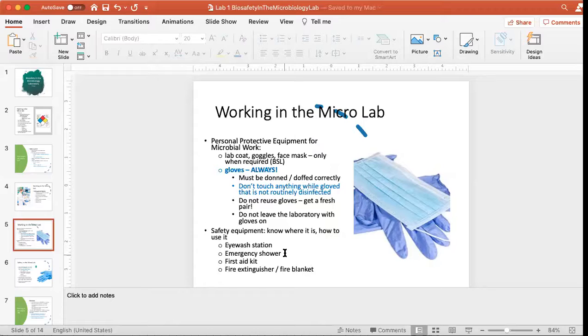If, for example, like I said a few minutes ago, somebody in the lab accidentally set themselves on fire, you can now push that person under an emergency shower and essentially save their life. There are first aid kits in all laboratory spaces. There are fire extinguishers in laboratory spaces. You don't want to wait for the emergency before you look around to know where the fire extinguisher is.